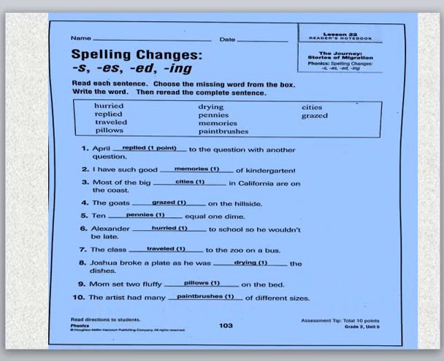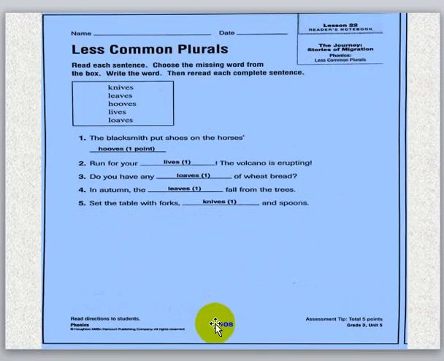Page 108. It talks about less common plurals, like knives. Knives here is plural. What is the singular of knives?